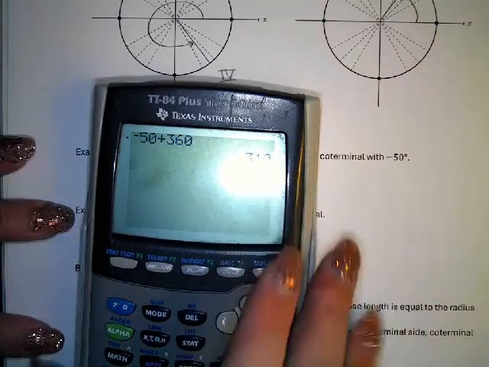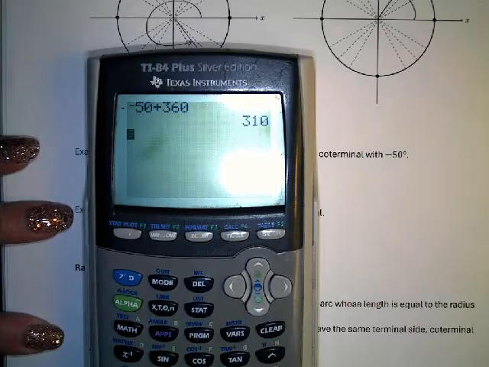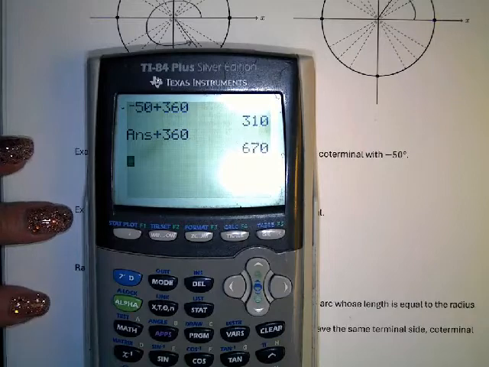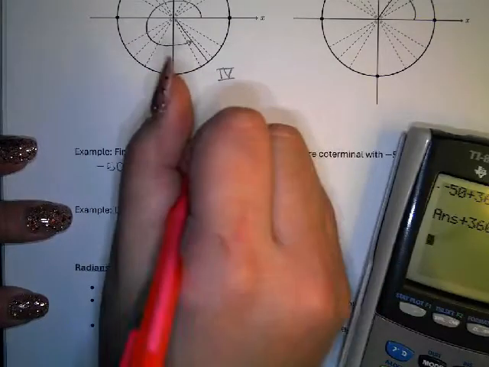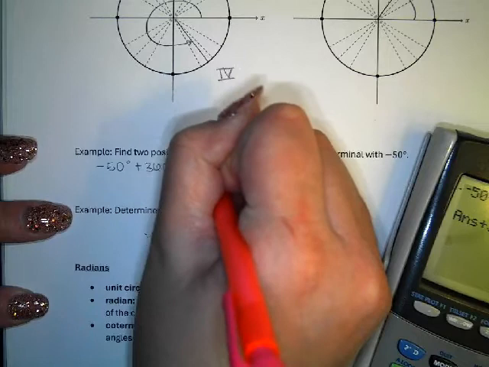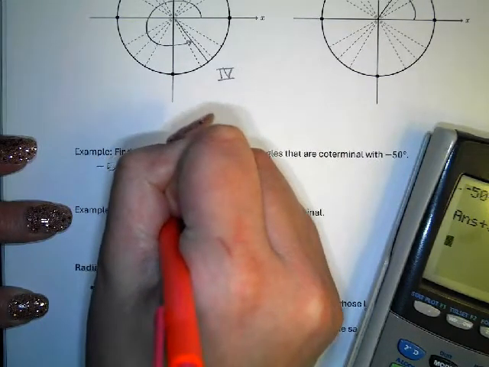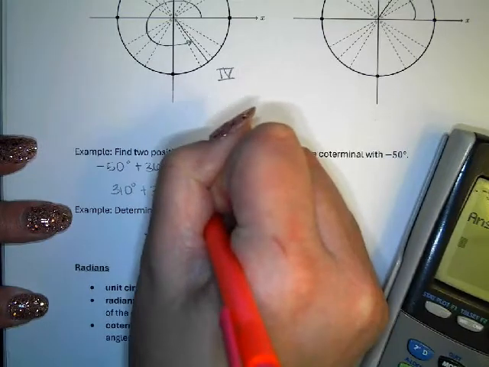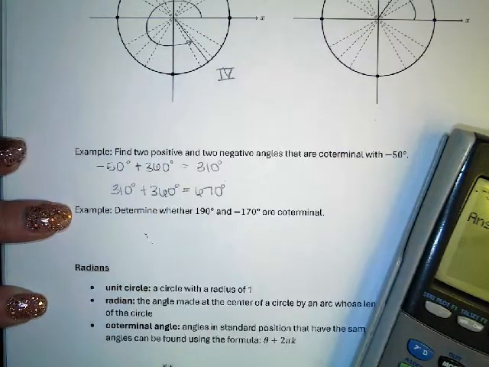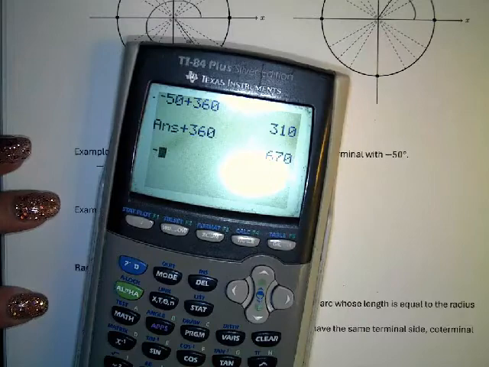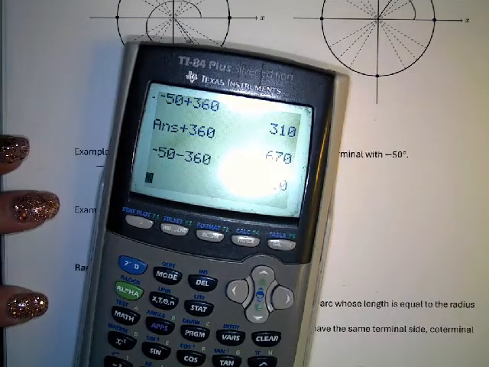To get my second positive coterminal angle, I'll add another 360 degrees. So 310 plus 360 is 670 degrees. And then to get my negative coterminal angles, I will just subtract 360.